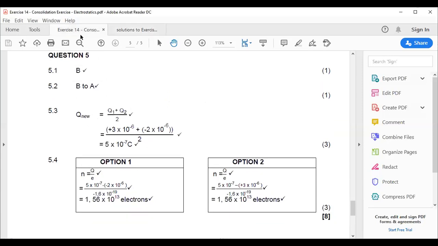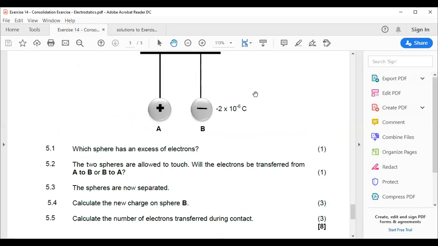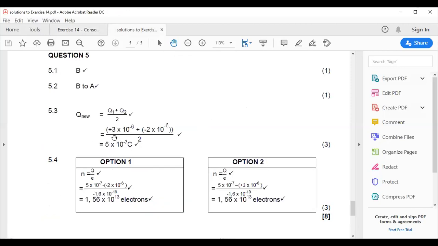Let me go back to this question. Let's look at B. The charge initially was -2 × 10⁻⁶ coulombs. For the final charge, you use the answer from 5.4, which was 5 × 10⁻⁷. So you subtract the final charge, 5 × 10⁻⁷, minus the original charge on that sphere.